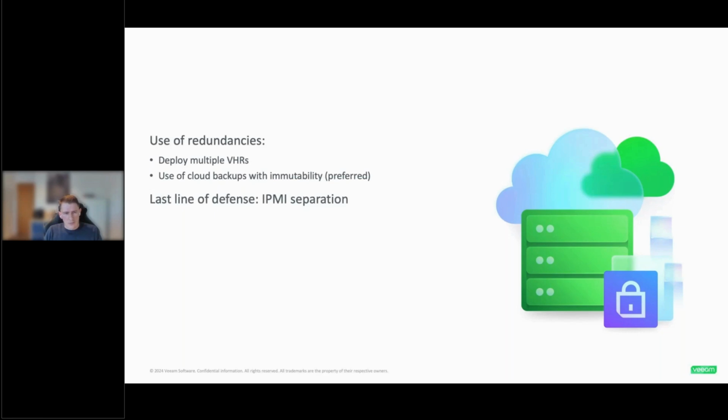As I already said, the last line of defense is the IPMI, or the out-of-band management. So make sure to separate this, put it in a dedicated VLAN, or just unplug the cable after, of course, configuring this and making sure all that works. I don't know if you visited VeeamON 2024.